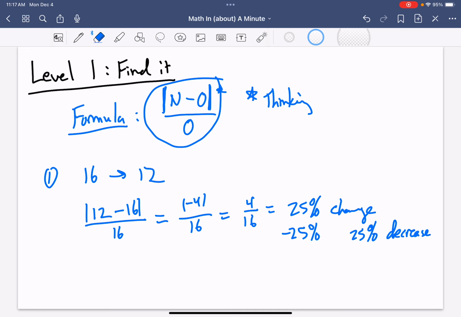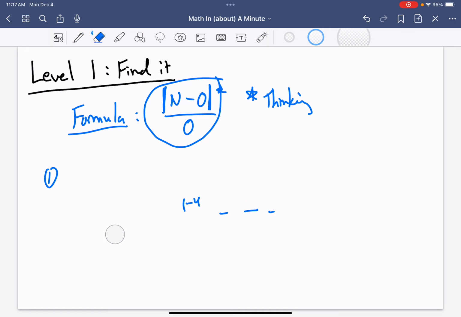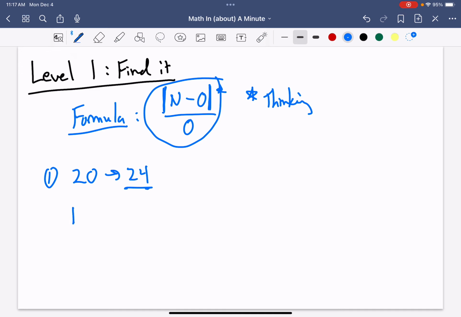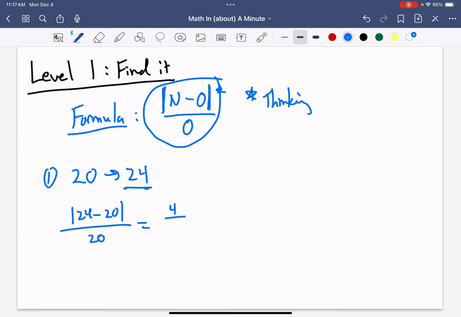Now let me clean this up and let's do another example really quickly. Let's say we go from 20 to 24. So I'm going to take my new value, 24 minus 20, surrounded by absolute value bars, divide by my original. This one gives me 4 over 20, which is the same thing as saying 1 over 5th, which becomes a 20% change of percent.